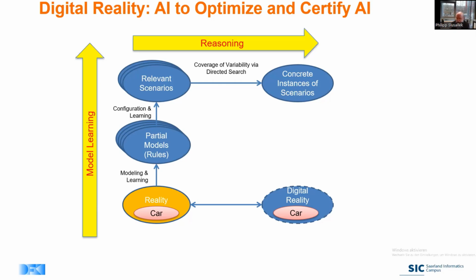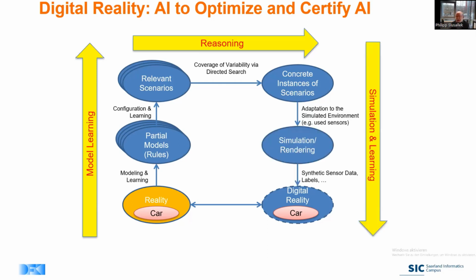So once we have this set of concrete instances, the third step is to actually simulate these environments. So this includes, of course, the simulation of that specific environment, so animating the humans, the pedestrians, the bicycles, the other cars, the waving of trees in the wind or whatever. But it also includes simulating the sensors, okay?